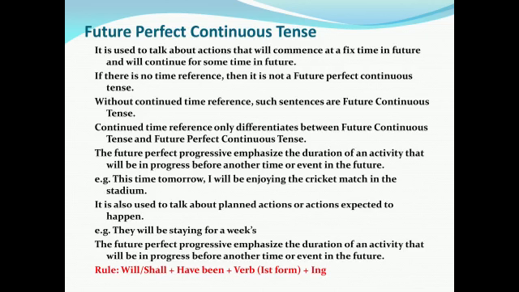So this is a planned action for a week. The future perfect progressive emphasizes the duration of an activity that will be in progress before another time or event in the future. So let's see the rule.